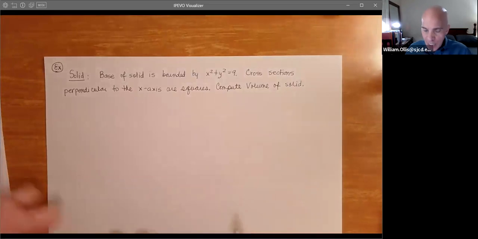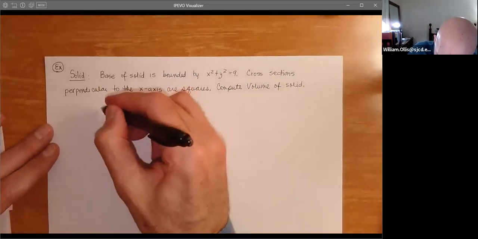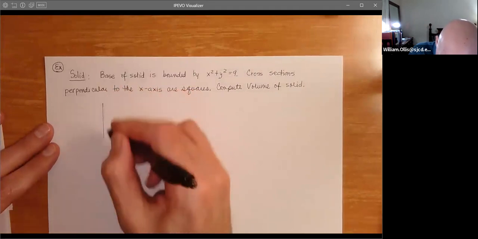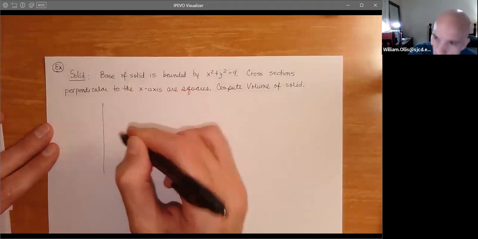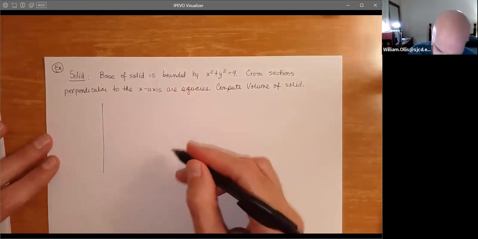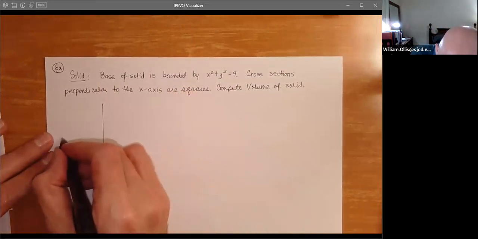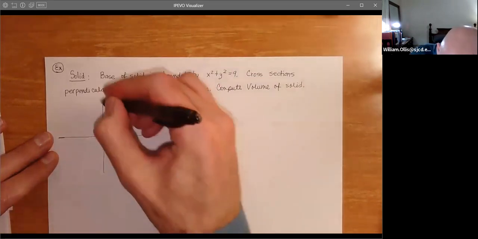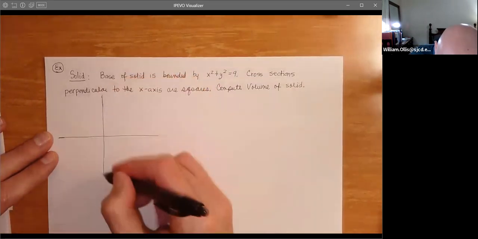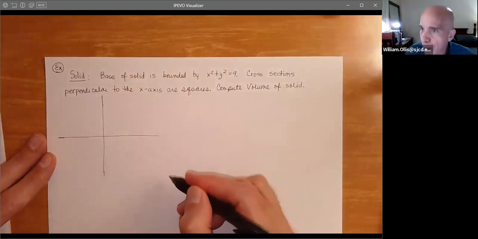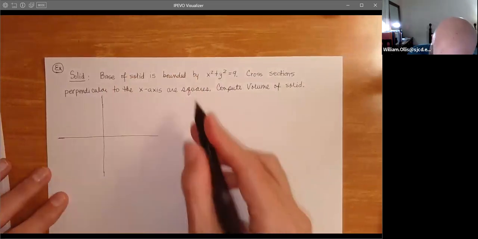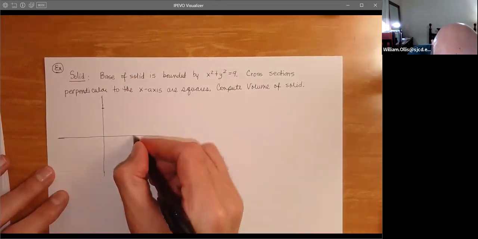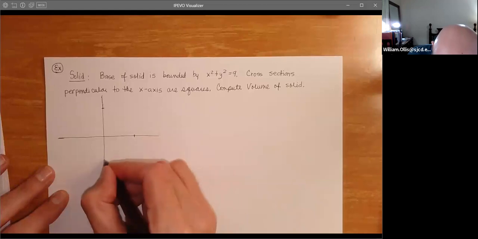So this idea is that we have this circle, and then as we take cross sections, it's like you're making a cake that's circular, but all the cross sections are squares. Makes for an interesting building. So when we do this particular technique, we will insist that the cross sections will be perpendicular to a given axis. So let's go ahead and draw our base, which is a circle of radius 3 centered at the origin.